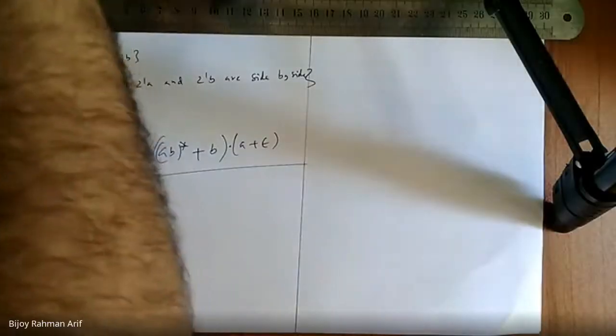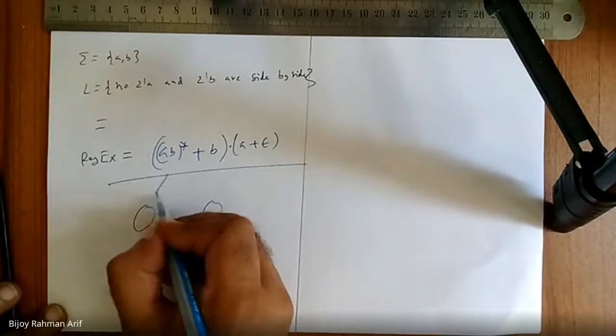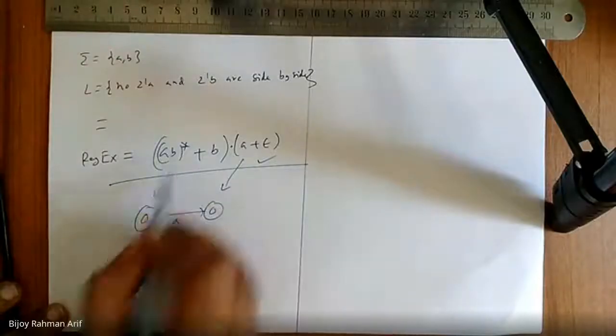So how can you do that one? First is AB star union B. Two nodes are required, one for this, another for this. This one is easy. Epsilon is there, so this or, move here. Good, that is done. Now let's come here, union. Very good, important. So it would be like this from here.